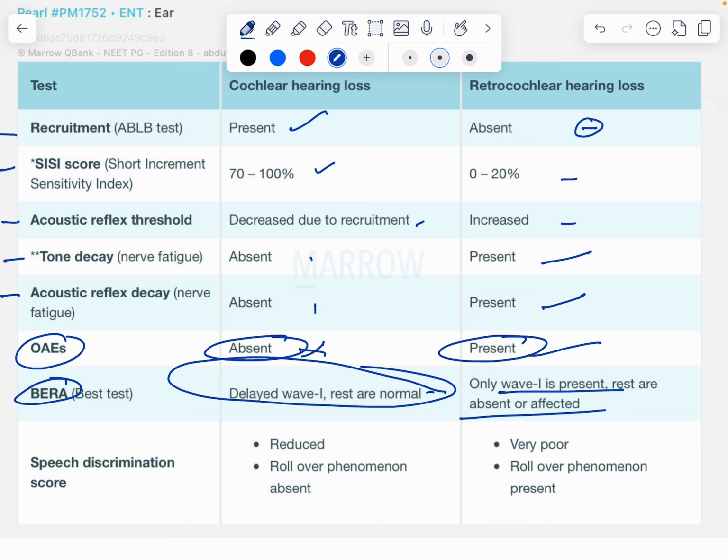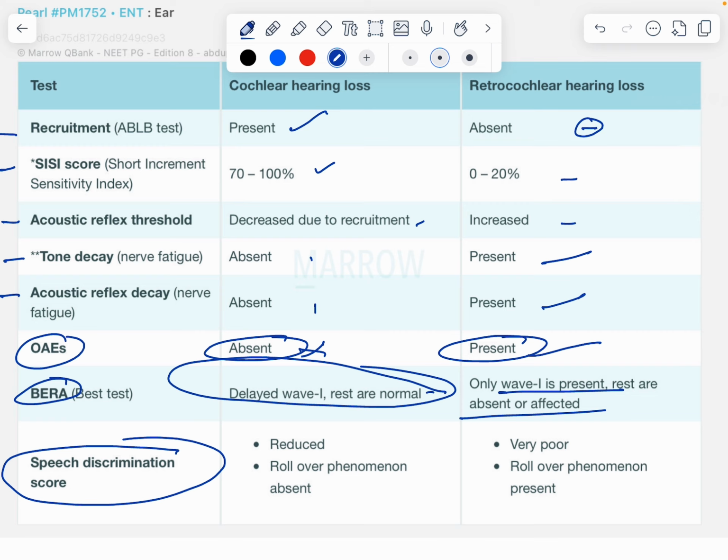Next is speech discrimination score. This is also a function of the eighth nerve. Speech discrimination means we say certain words which are almost similar in sound, for example, pin, sin, kin. The patient will be asked to identify and discriminate the words.